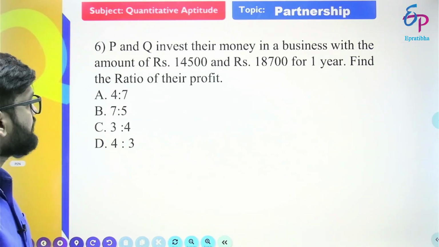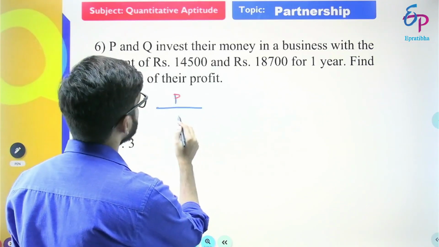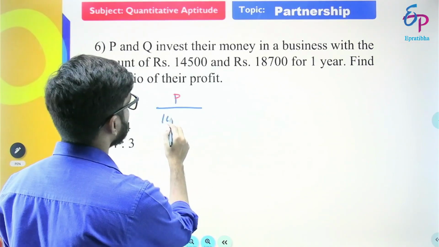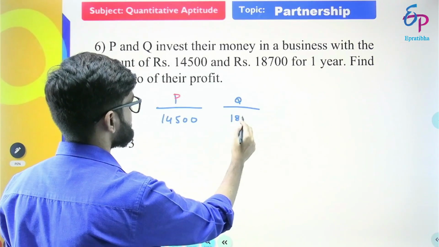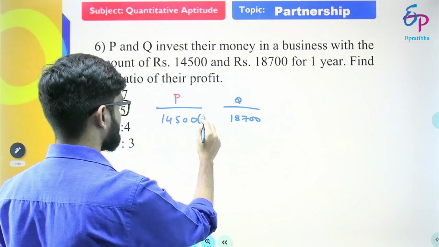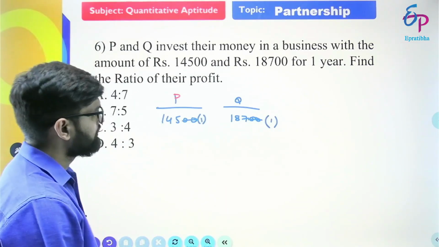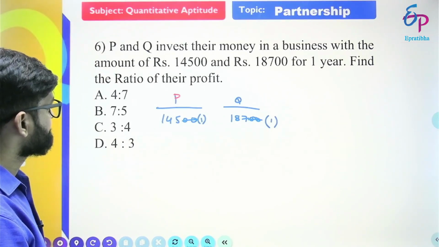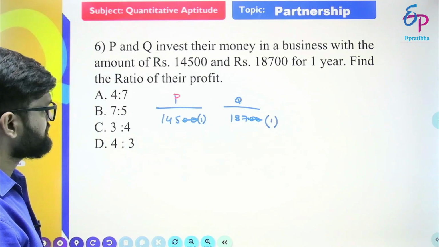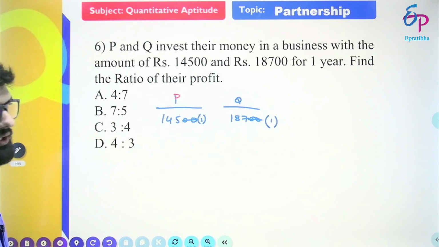Next, P and Q invest money in the business with the amounts of 14,500 and 18,700 for 1 year. Find the ratio of their profit. P is investing 14,500 and Q is 18,700. This one is for 1 year and this one is for 1 year. 2 zeros cancel. 145 and 187, for 1 year.